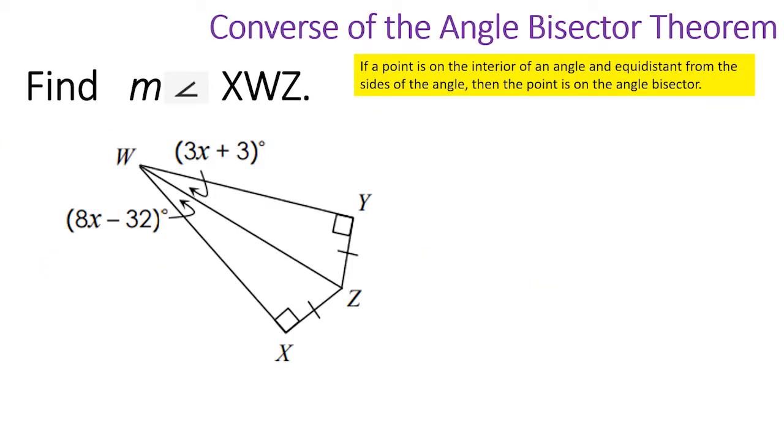All right, so in this last problem, we're asked to find the measure of angle XWZ. XWZ would be this angle right here, half of the larger angle XWY. We only want this portion here. So we can use the converse of the angle bisector theorem.